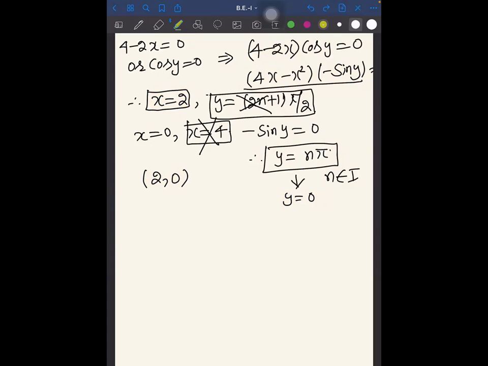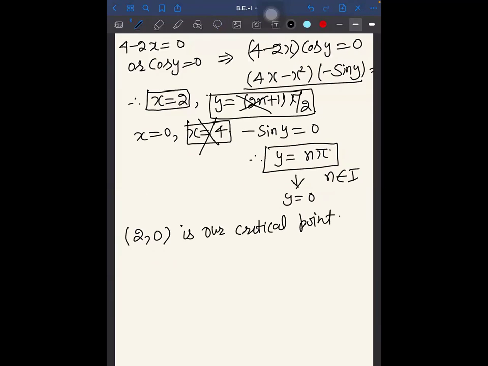Okay. So (2, 0) is our critical point, right? See, if you take x to be 0, your x0 will satisfy this, but your y0 and x0 together will not satisfy this.